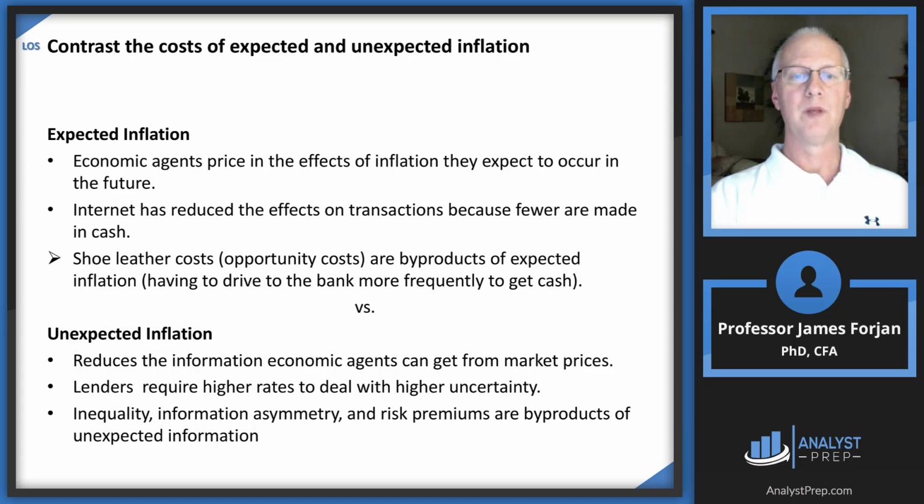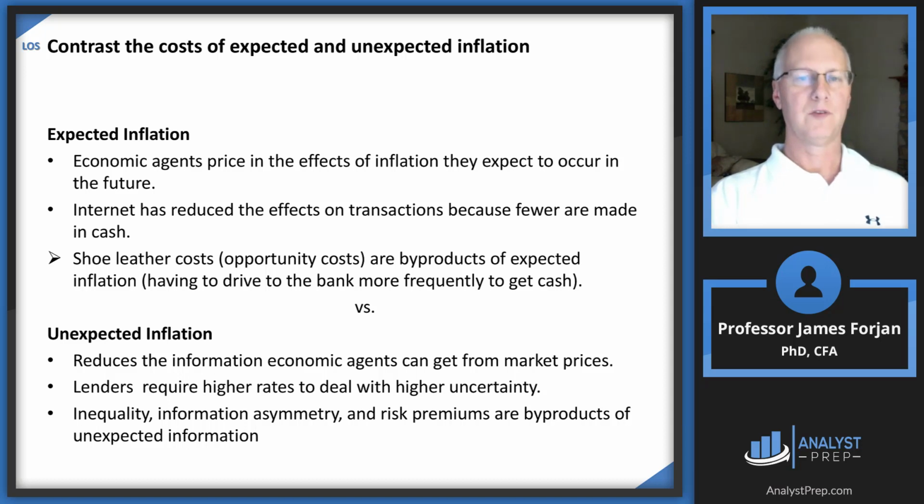There's going to be some inflation because people like to eat bread, and if they have more money during an expansion, they're probably going to make more sandwiches, right? Unexpected inflation, on the other hand, is the result of events that occur that were not anticipated.